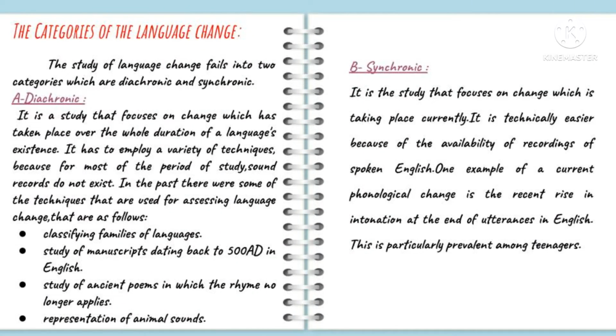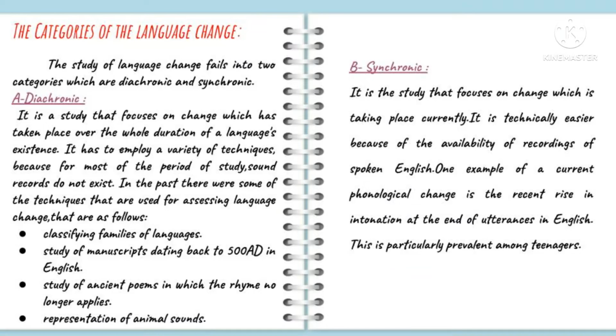Now let's see the categories of the language change. The study of language change falls into two categories, which are diachronic and synchronic. Let's start with diachronic. It is a study that focuses on language change which has taken place over the whole duration of language's existence. It has to employ a variety of techniques, because for most of the period of study, sound records do not exist.